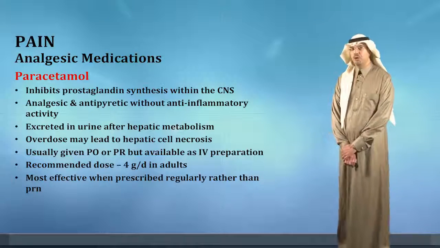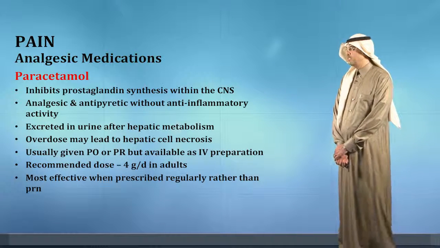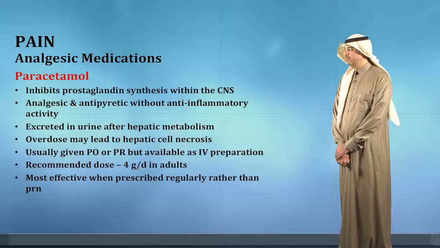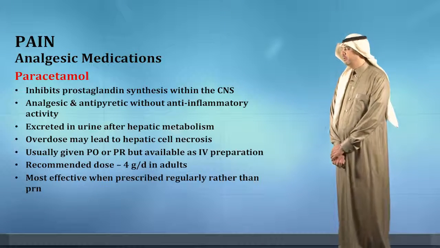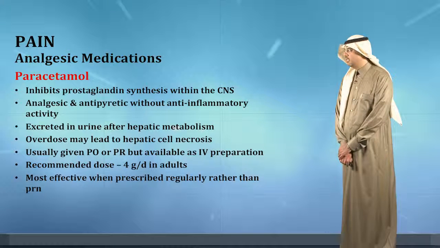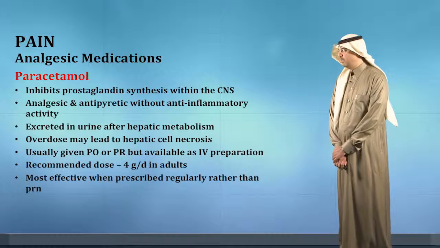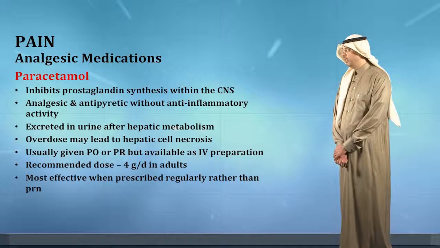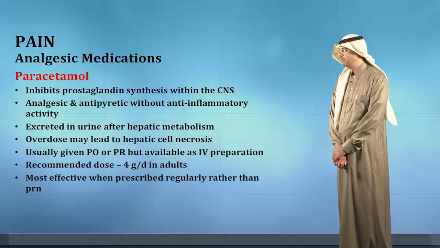Now we're going to speak about a couple of important classes of medication that are commonly used in the post-operative period. First of all, paracetamol. It inhibits prostaglandin synthesis within the central nervous system and leads to an analgesic and antipyretic effect without any anti-inflammatory activity.